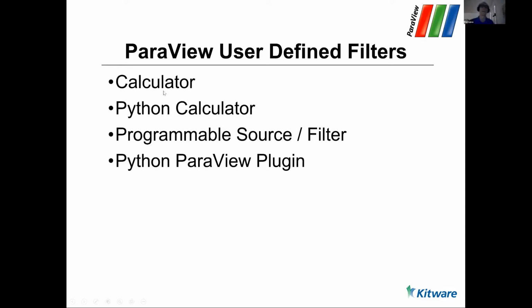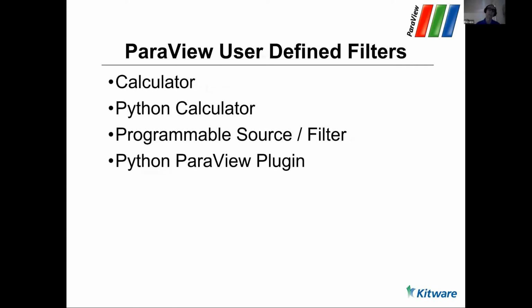So the ParaView user-defined filters also includes the calculator, which is a simpler interface, but so the calculator and the Python calculator, these first 2 filters allow you to compute derived attributes out of existing attributes.